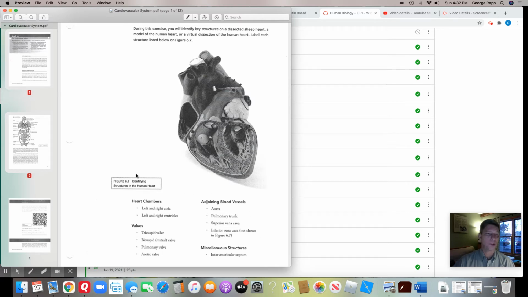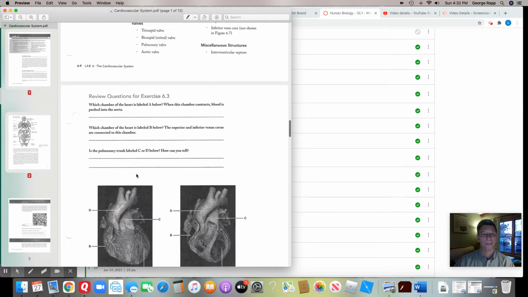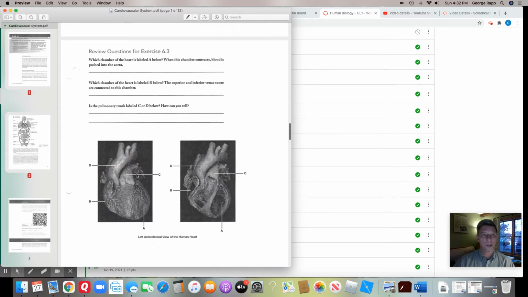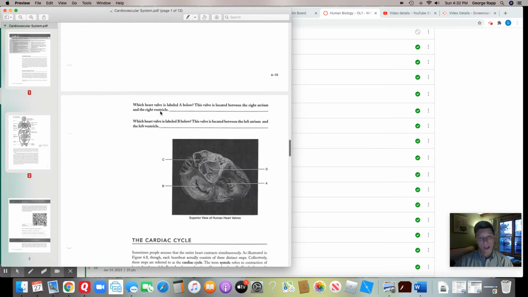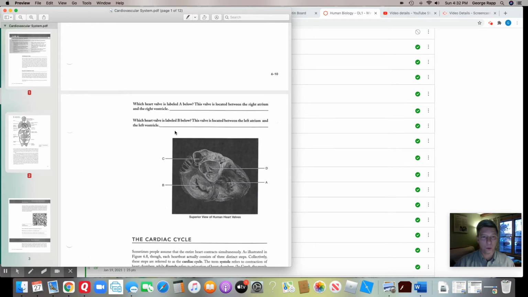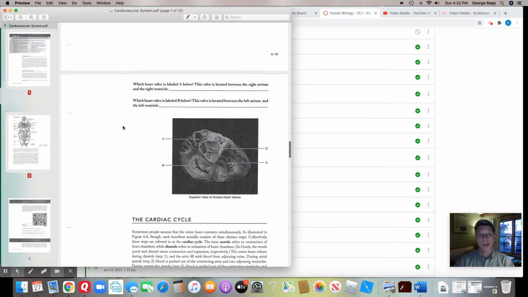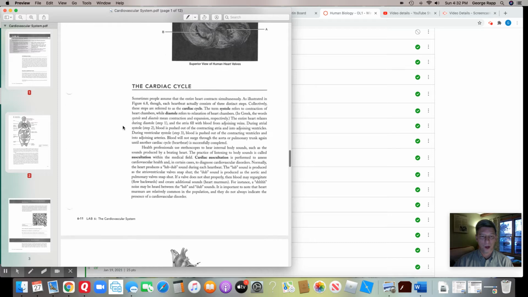Label it, take a picture, and send it off to me. And then there are a couple of questions for exercise 6.3 that you can answer right here on these lines. And here as well. These are the valves, the heart valves here, and you can label those or answer those questions that are shown there.